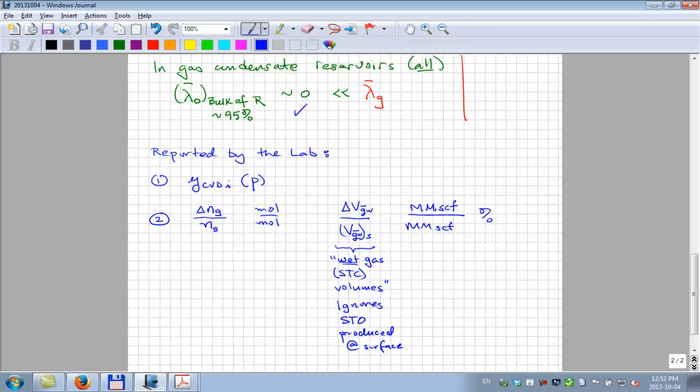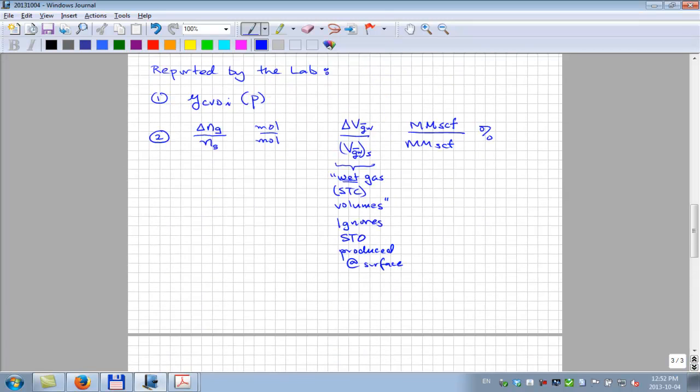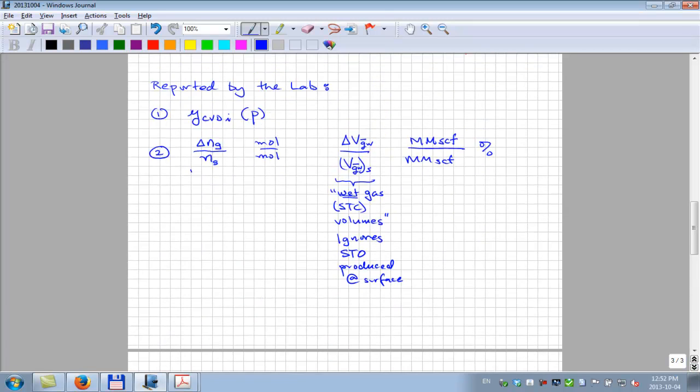And they used to make these reports for people in Oklahoma, like me, and you don't grow up learning about moles in school, or you forget about it as an engineer, but standard cubic feet, you know what it is. So it's kind of to make things more convenient for some engineers. In reality, this is what's being measured, and often it is reported that way as a percentage.